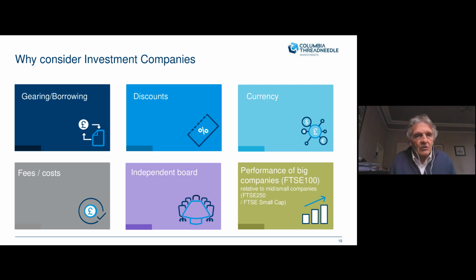And I just want to mention this. Why consider investment companies, and particularly this company? Well, we do give you an intro to the stock market. It has a level of diversification, about 35 or 40 holdings in each portfolio. And investment companies themselves, there are some influences which are very important on how they perform.